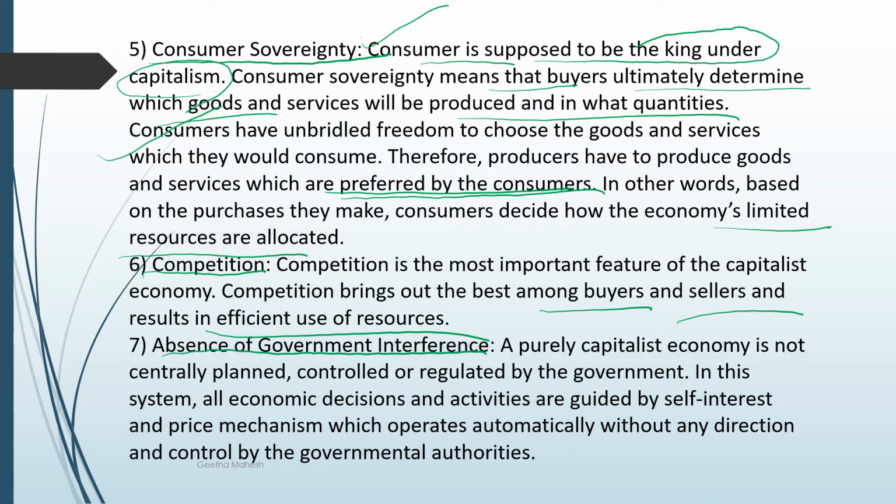Absence of government intervention. A purely capitalistic economy is not a centrally planned economy. In a centrally planned economy, all economic activities are controlled and regulated by government. But in a purely capitalistic economy, this will not happen. The government intervention is very little, and they only have to provide internal and external security and have nothing to do in economic activities.